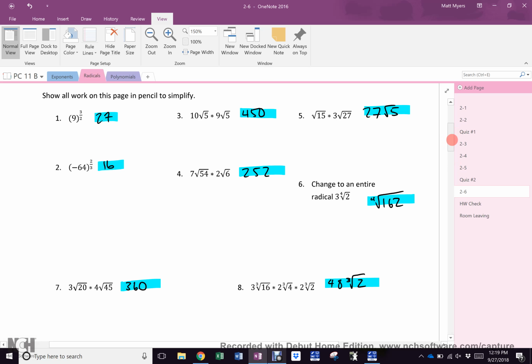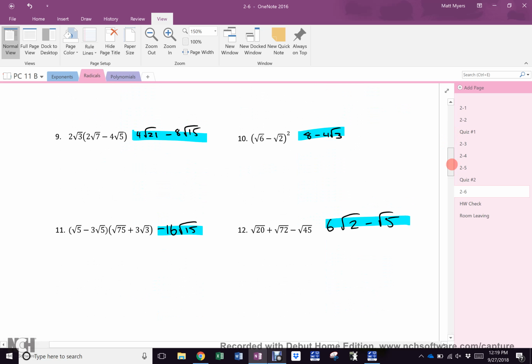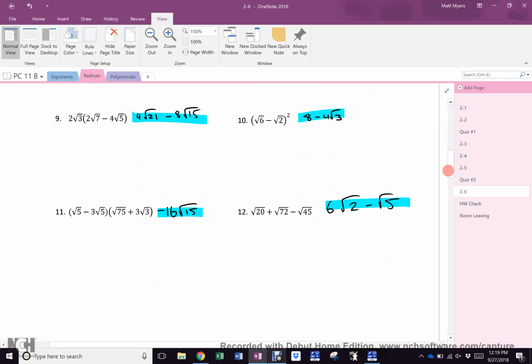There is 9, 10, 11, 12. Is it 1 each? 1 each, because they're all easy peasy lemon squeezy. Yeah? Almost.